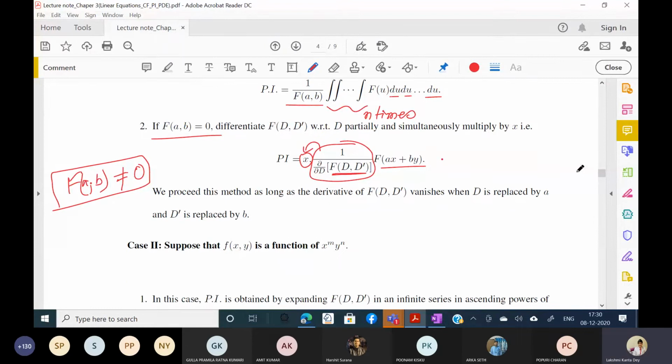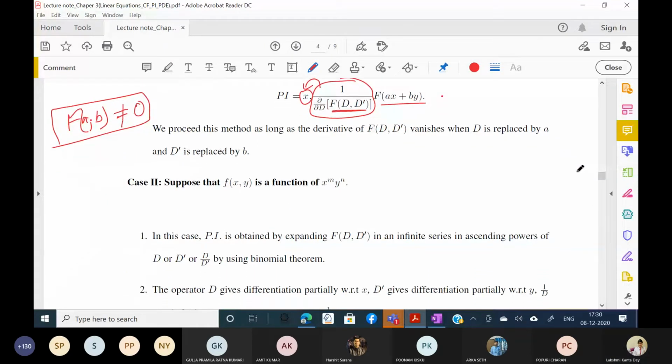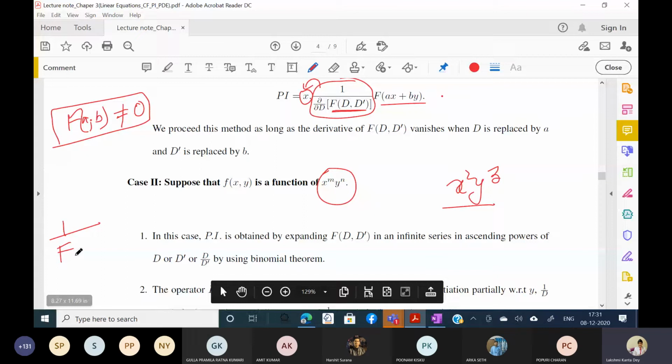Then come to the second case. Suppose your function is not of the form ax plus by, but of the form x to the power, maybe x square y cube. In this case, we have to write 1 by F(D, D dash). For example, this is your x square y cube.